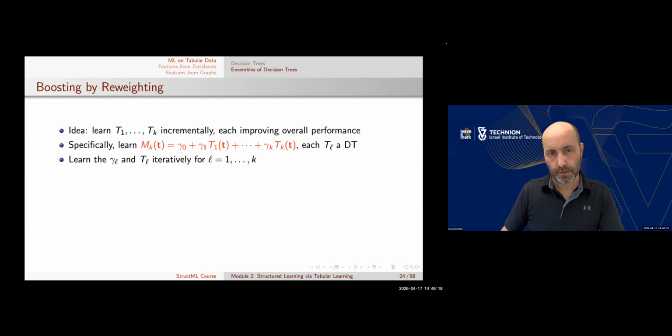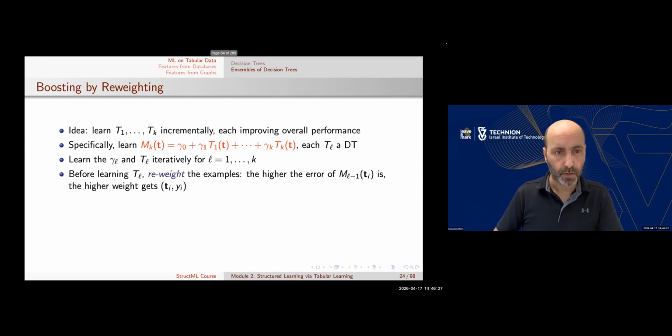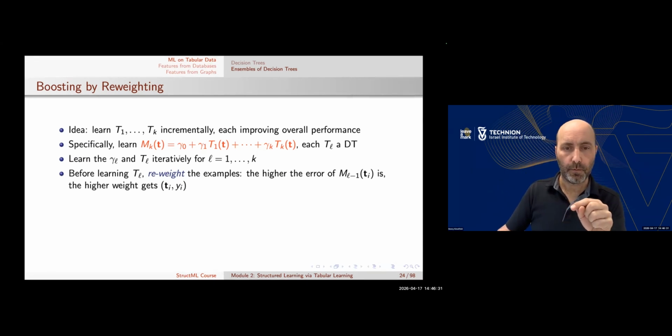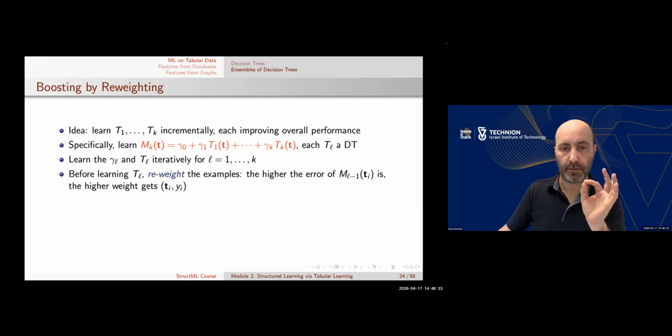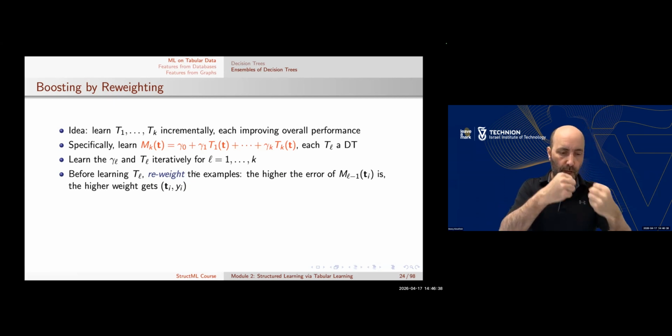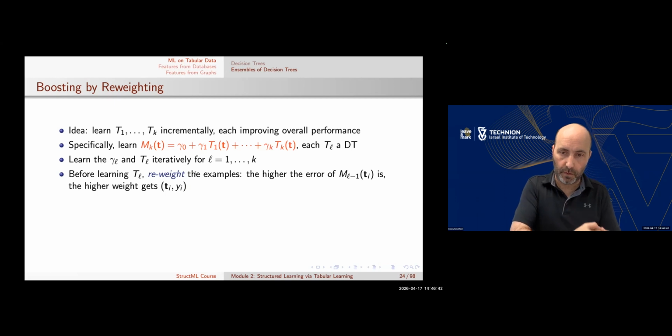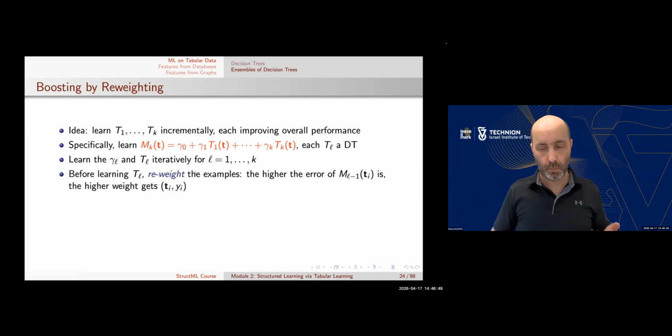Now, we learn each T_L after we learn the previous L minus 1. But before we train T_L, we reweight the examples. Reweighting the examples means that we are changing the amount that they affect the loss function. Okay, so the impact of an example is multiplied by the weight.